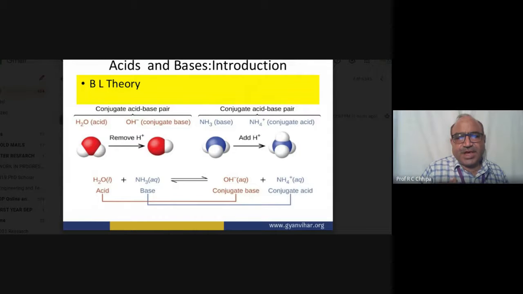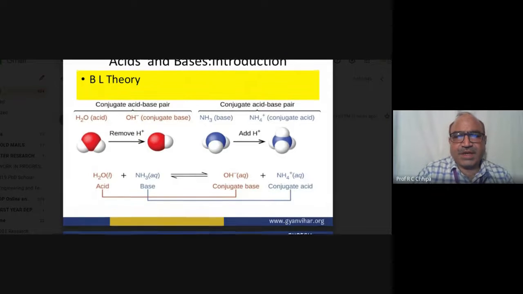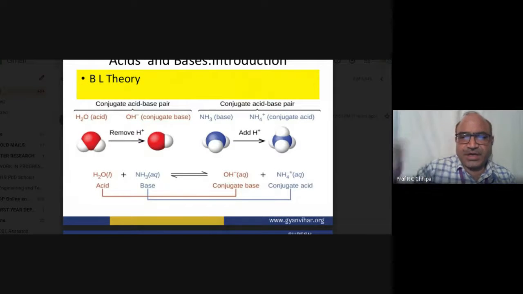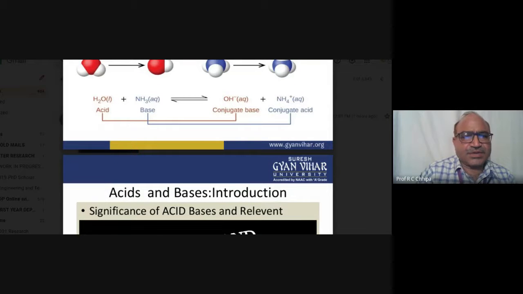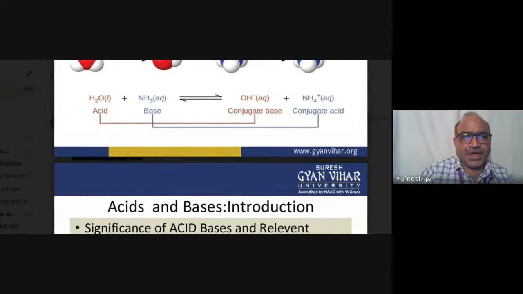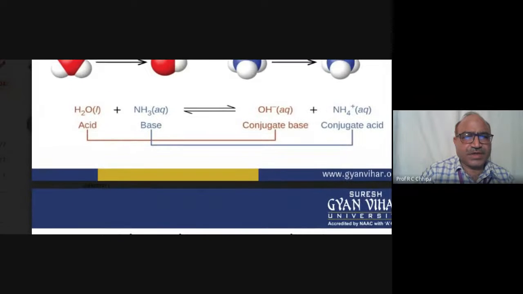In the case of ammonia, this is the base, when it accepts the hydrogen proton. So the proton is given. That is the acid, and in the case of ammonia, that is the base. So there is the conjugation between H2O and H3O. We can see the picture, and that is the Bronsted-Lowry theory.